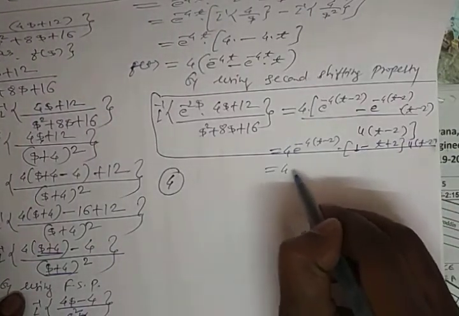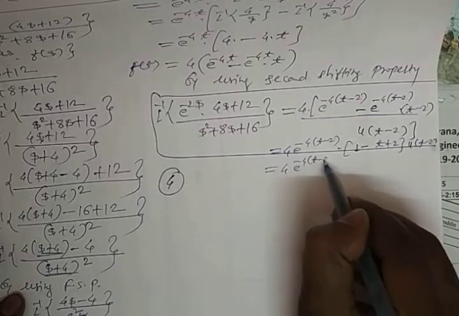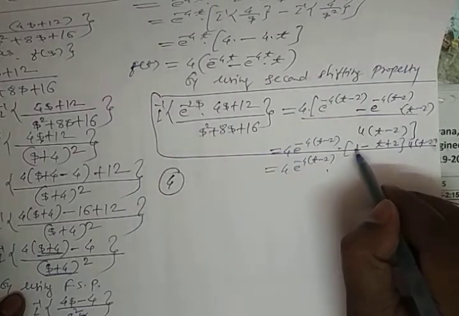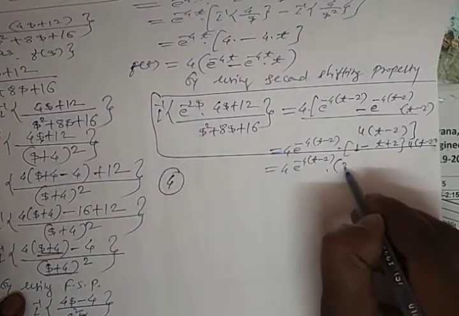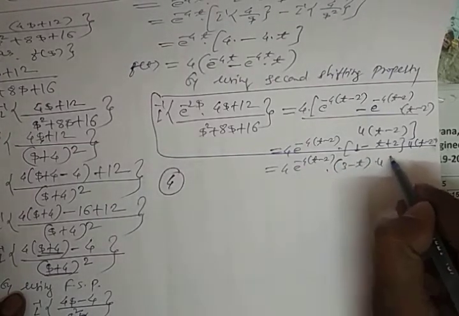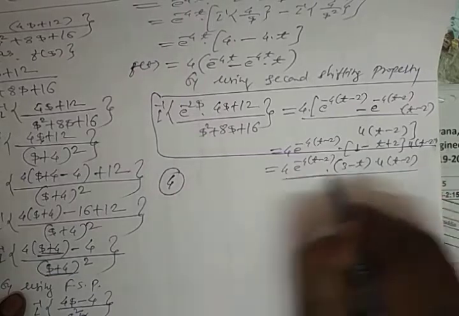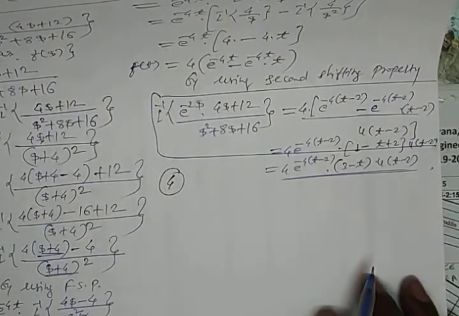And again this can be written as 4 e raised to minus 4 (t minus 2) into (2 plus 1), that will be 3, and that is nothing but (3 minus t) into u of (t minus 2). This also we can write. So this is the simple form.